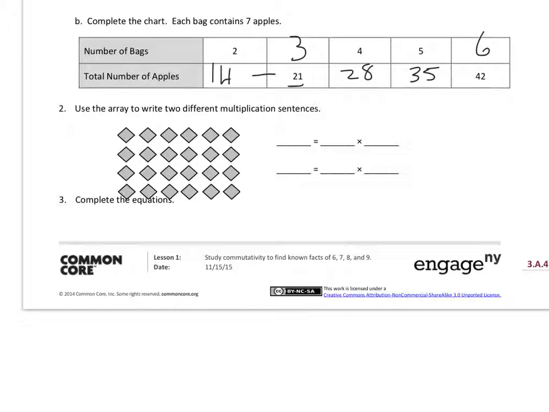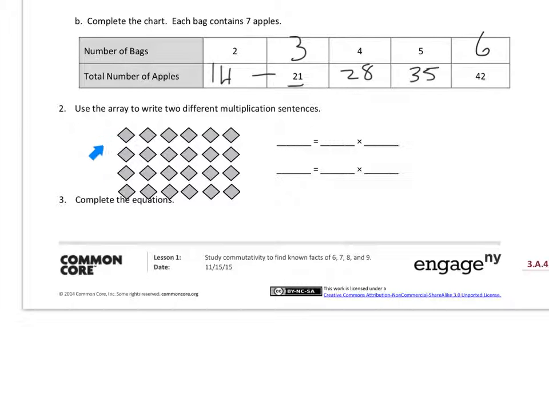Okay, second part is asking us to use the array to write 2 different multiplication sentences. So what this is going to look like is how many down.